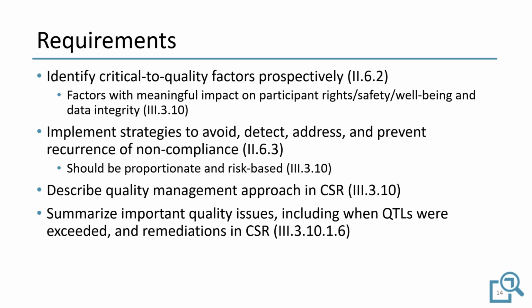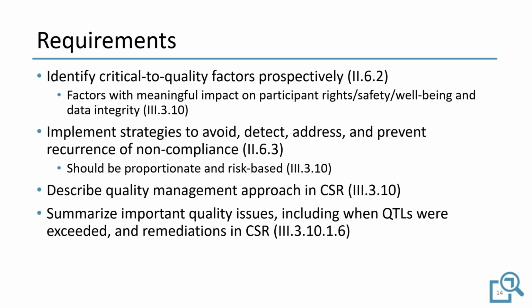The next one here is around implementing strategies to avoid, detect, address, and prevent reoccurrence of non-compliance. So how should that be stated? I think it's really clear here around a proportionate and risk-based approach. Then it talks about describing the quality management approach, and this should be described in the CSR.